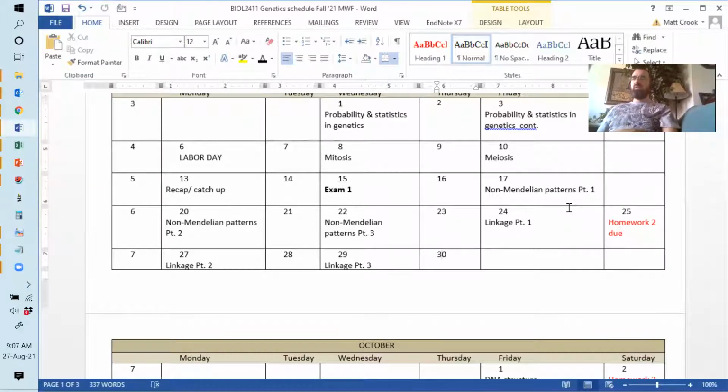Bianca, I don't think there's any reading associated with the probability and statistics because that's a module that Dr. Page, who taught this course before, developed. And really the reason why he did that was because math is important in genetics.